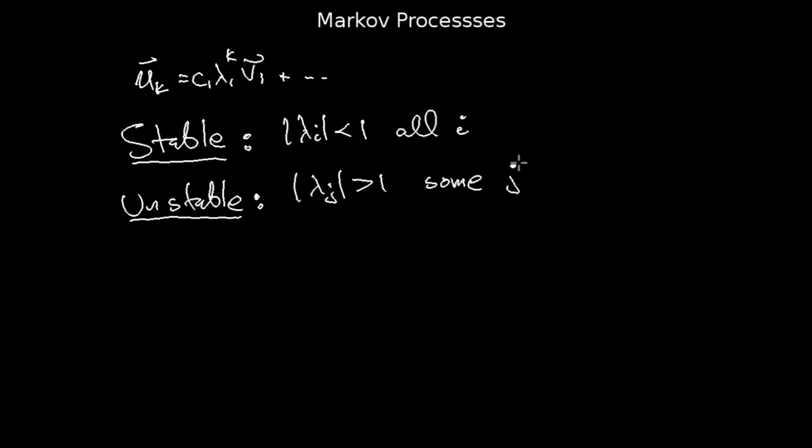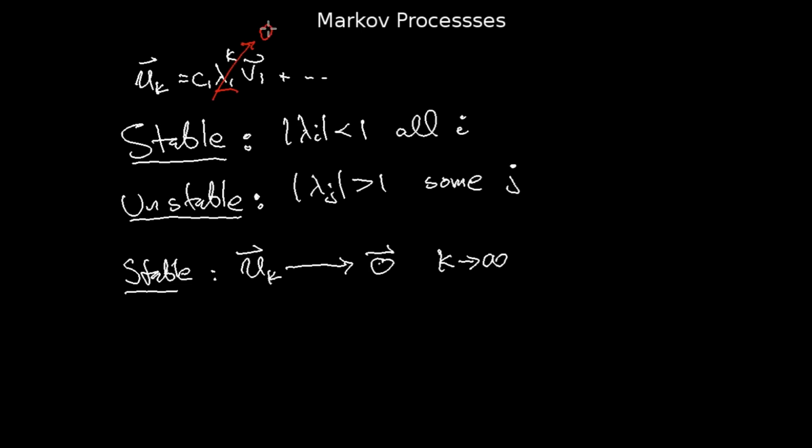Okay, and what does that mean? If it's stable, then uk just goes smack down to the 0 vector as k goes to infinity, right? Because if this number is less than 1, this is going to 0. And whatever your initial conditions are, you're going to be going towards 0.